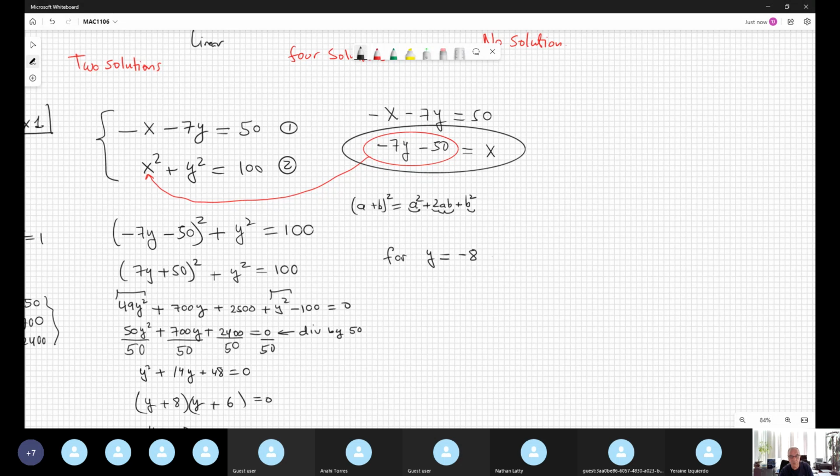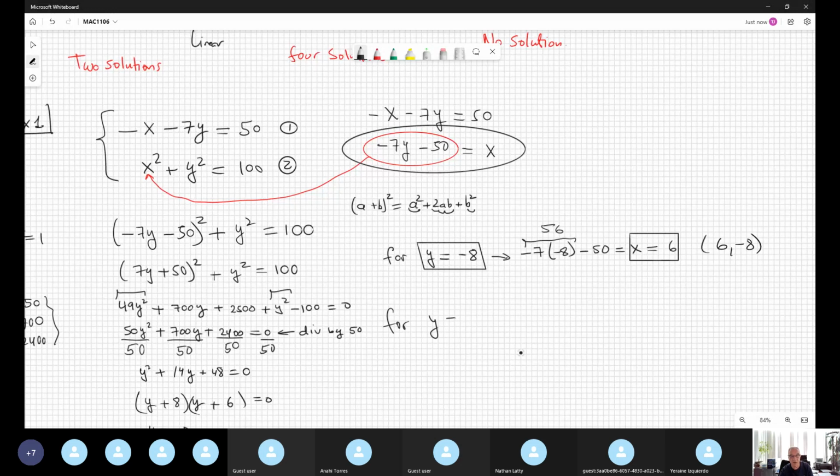Therefore, the expression is minus 7 times minus 8 minus 50 is equal to x. I replace y with minus 8. This is positive 56. Minus 50 is 6. Therefore, my point is the point 6, minus 8. Remember, this is the x value, and this is the y value for that point.